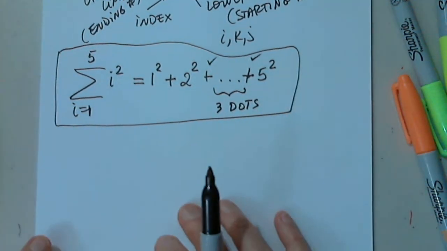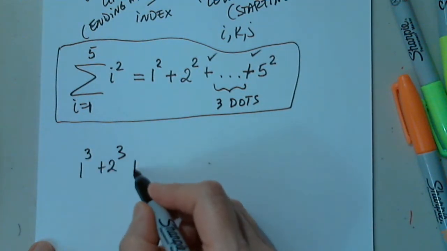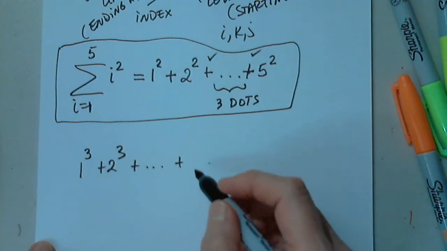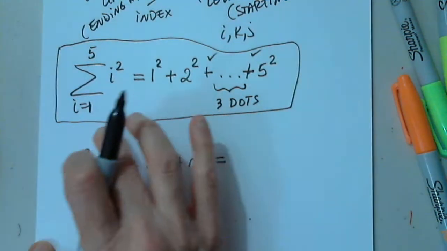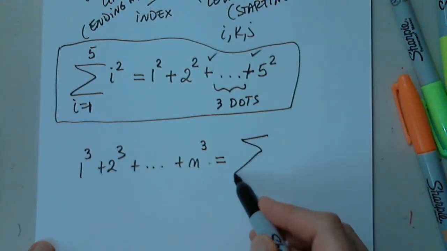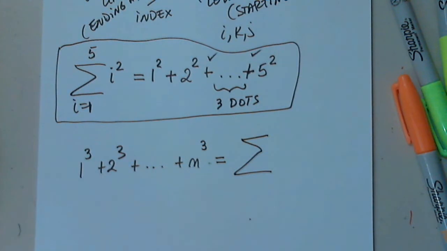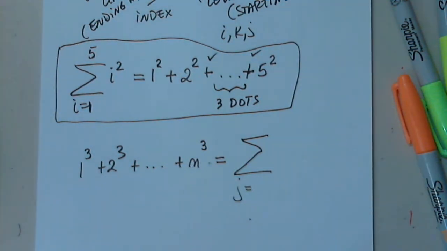Now, for example, what if I have 1 cubed plus 2 cubed plus dot, dot, dot plus n cubed? How do I write a summation notation or a sigma notation for this? Let's say this time we want to use j, from j equals to whatever of whatever.